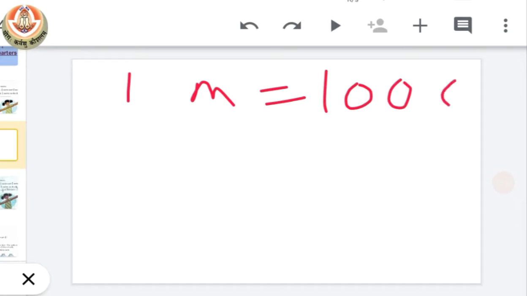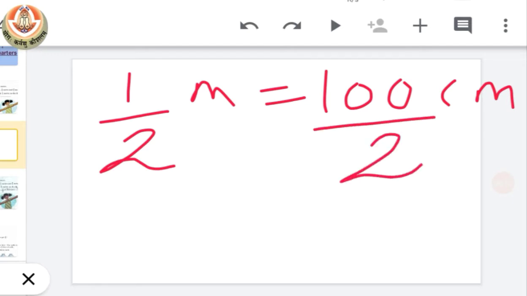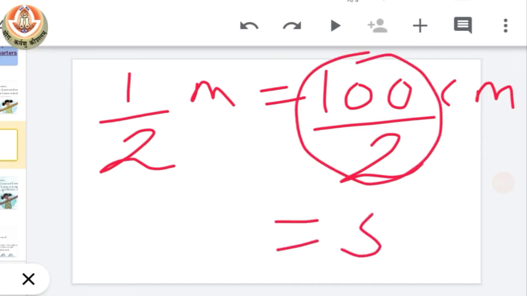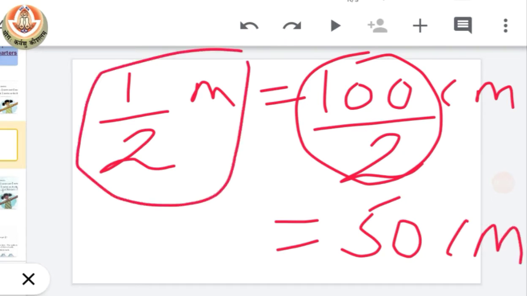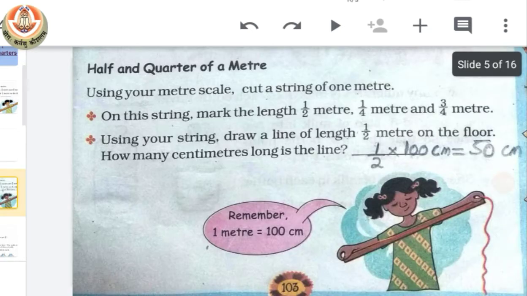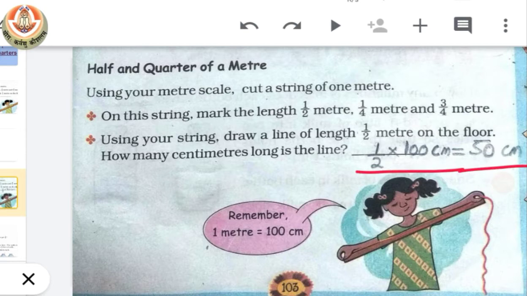You can see here, if we have 100 centimeters in 1 meter, so to make this 1 meter half, we have to divide it by 2. So in the same way, we have to divide here also. So when we solve it, we will have 50 centimeters. That means in half a meter, we have 50 centimeters. So the answer is, half of 100 centimeters is 50 centimeters.